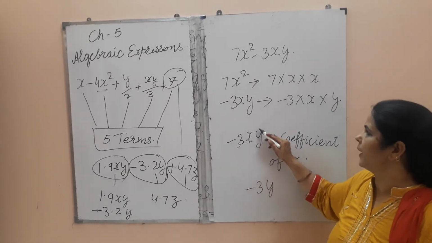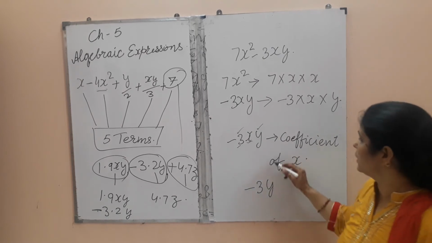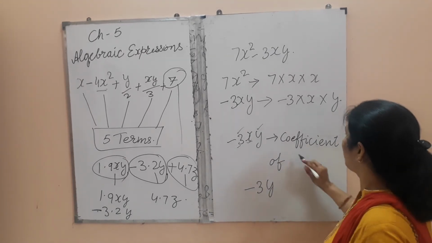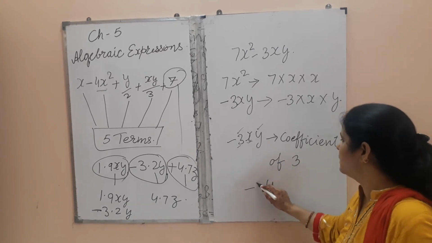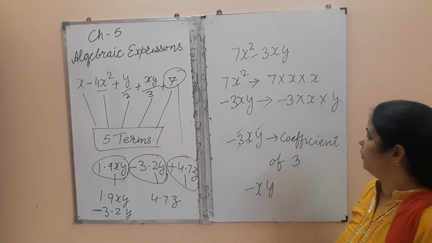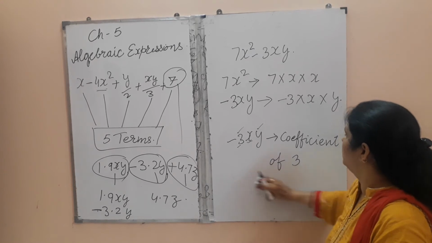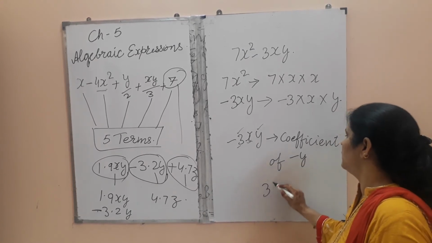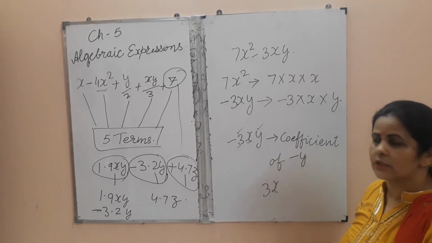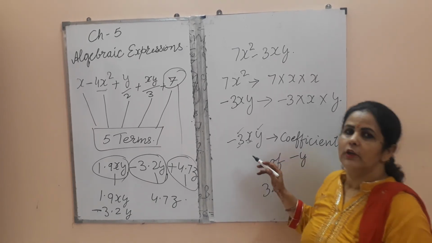They are minus 3 and y. What is the coefficient of minus 3? That will be xy. What is the coefficient of minus y? It will be 3x. So like this we will find the coefficient of different terms.